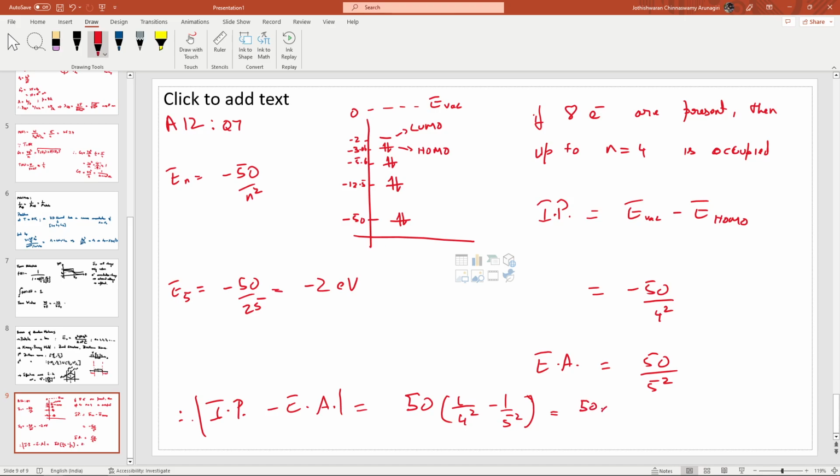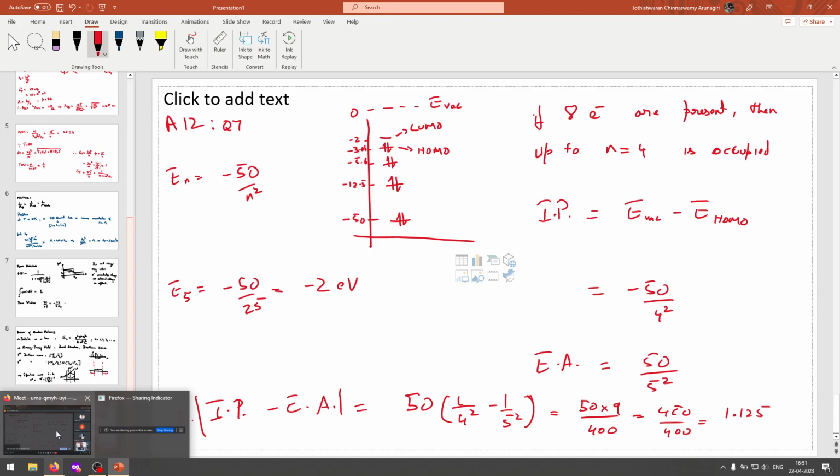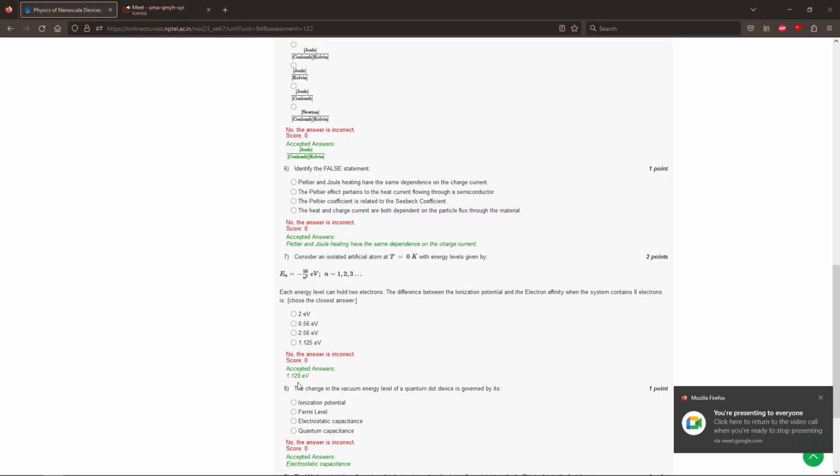So 50 into 9 divided by 400, that is equal to 450 by 400, which comes to 1.125. I think that is the correct answer. So the answer is 1.125 electron volts. Is it clear now?